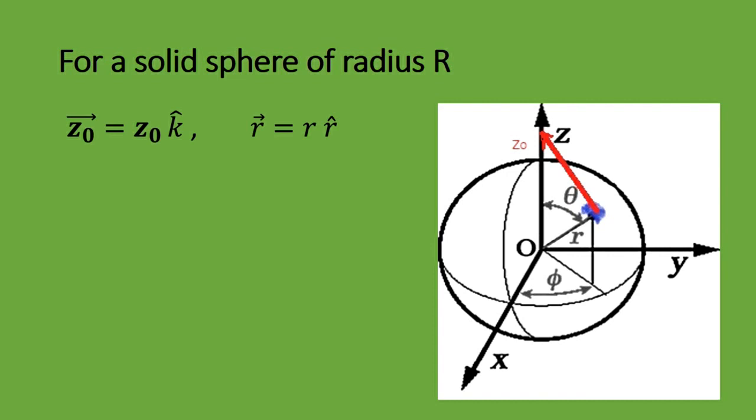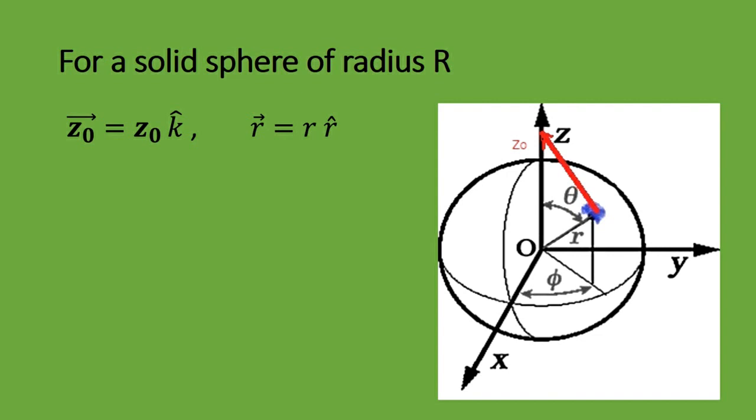So let's start writing notations. The point z0, which I'm taking on the z-axis, can be written in vector form as z0, that's the magnitude, times k unit vector, because it's along the z-axis. Now let's take a small piece of the sphere located at distance r.